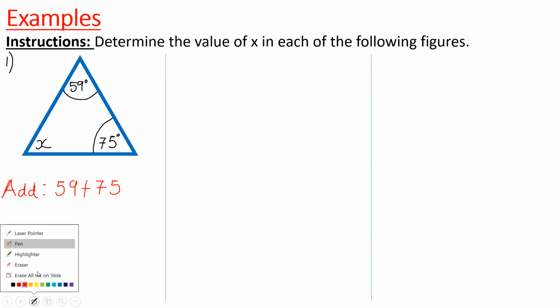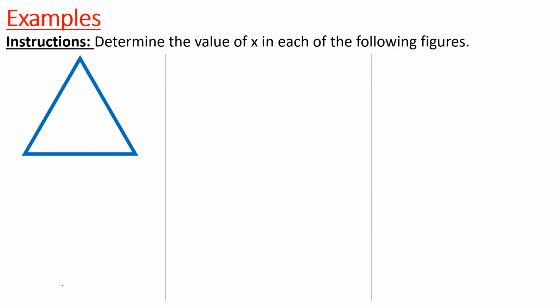Let me type. Oh my goodness, that's terrible. Number one, what was this? This was 59 degrees, right? And then this one right there was 75.